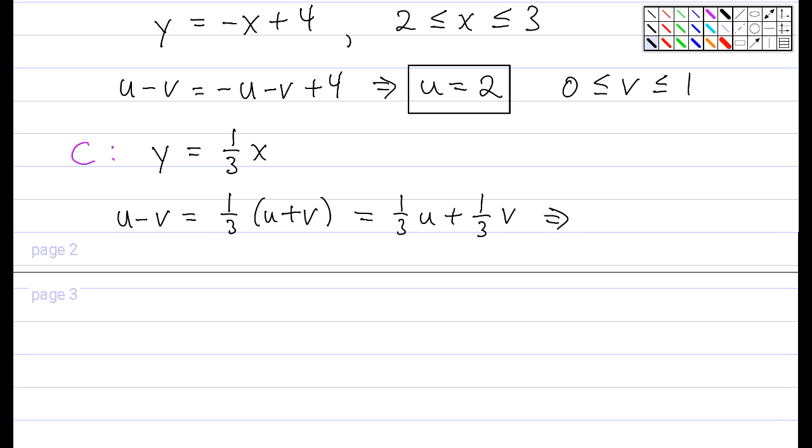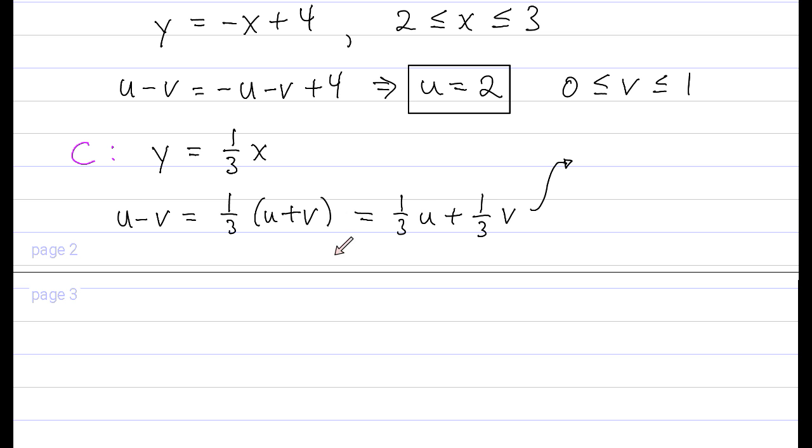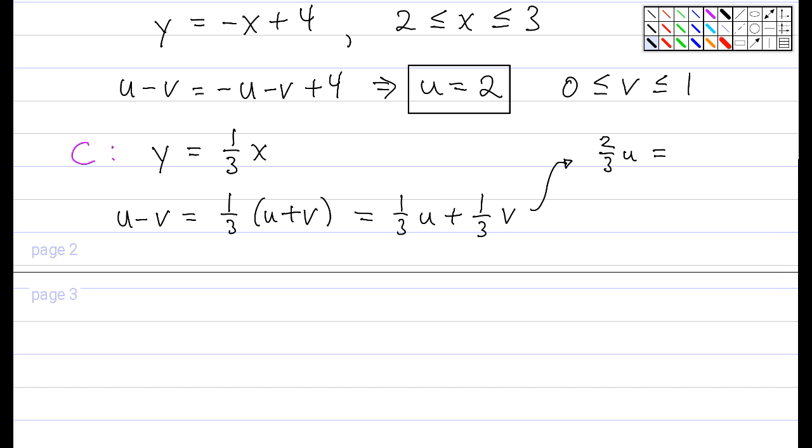Let me give myself a little more room here. I'm going to bring the 1/3 u over to the other side. What would that get me? 2/3 u. And I'm going to bring v over to here.